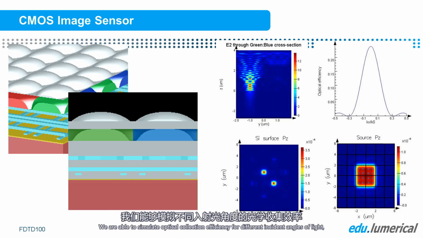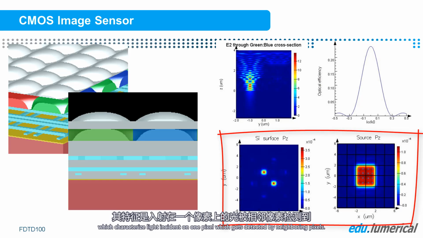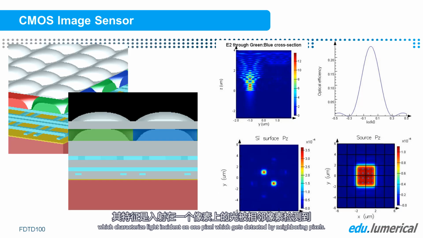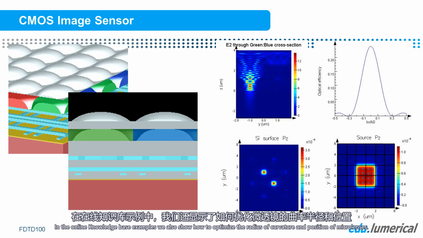We are able to simulate optical collection efficiency for different incident angles of light, as well as quantities like the crosstalk and point spread function, which characterize light incident on 1 pixel which gets detected by neighboring pixels. In the online knowledge base examples, we also show how to optimize the radius of curvature and position of the microlenses.